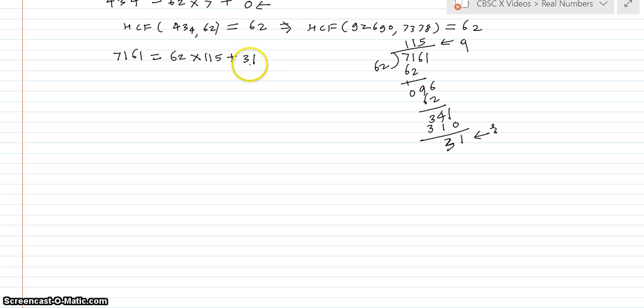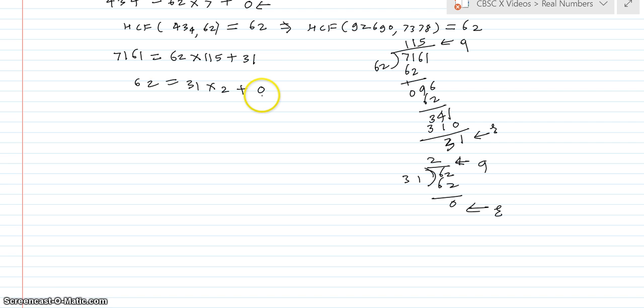Now here remainder is not 0, so again we divide 62 by 31. Okay, so if we divide 62 by 31, we know that 31 2s are 62, that is 0. So we are getting remainder as 0, and this is q. Okay, so we can write 62 is equal to 31 into 2 plus 0.